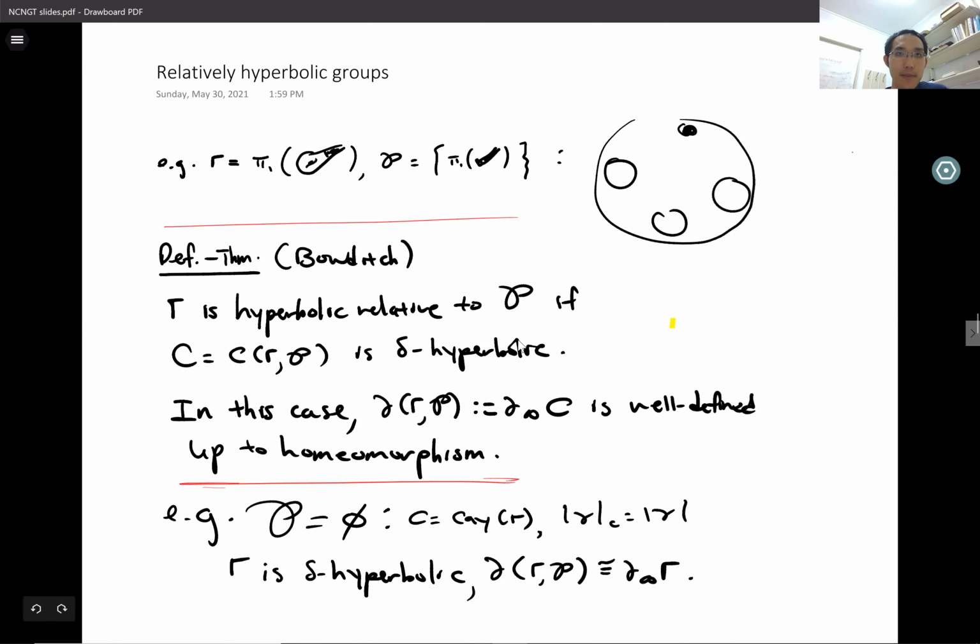I'm going to use this one because the space C gives us a concrete handle on the relatively hyperbolic geometry, which allows us to quantify avoiding intersections of maximal flats in a way that's adapted to this geometry.